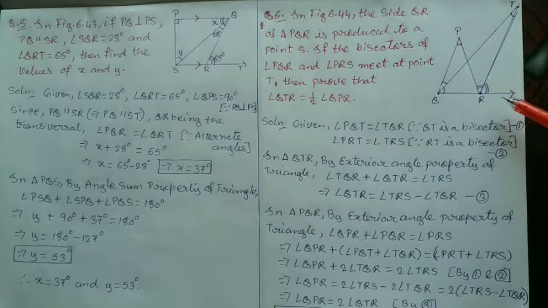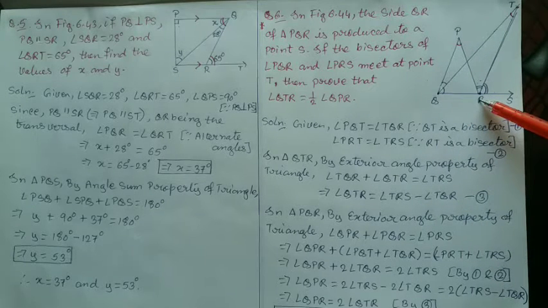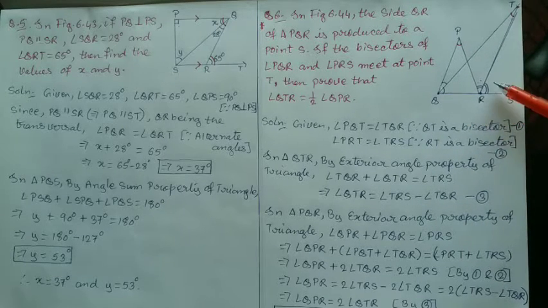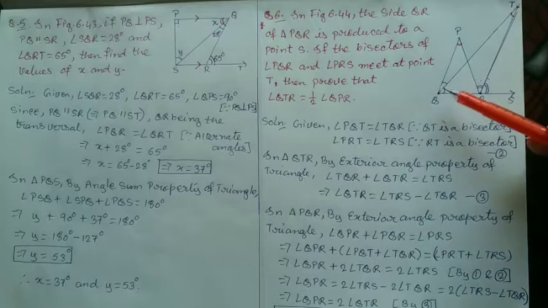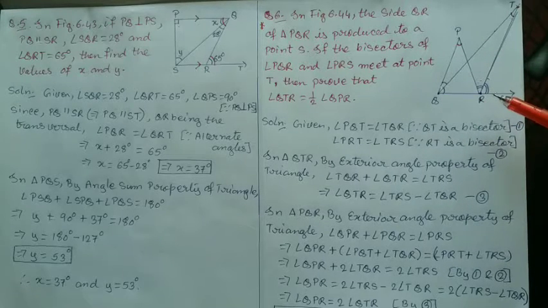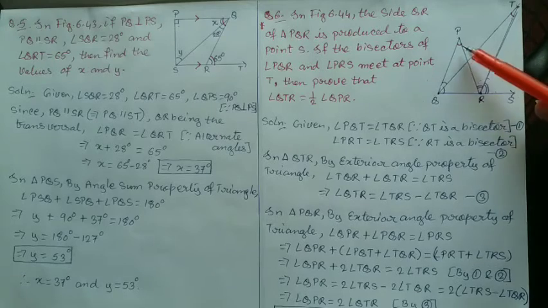Angle PRS is an exterior angle of the triangle PQR. Yes or no? Again, for the triangle TQR, we also have another exterior angle, which is this one. TRS is the exterior angle of triangle TQR. We will use these two pieces of information and try to relate them with the two angles.